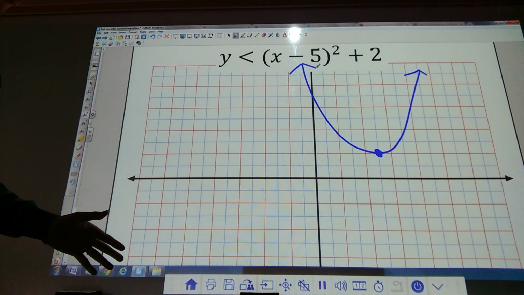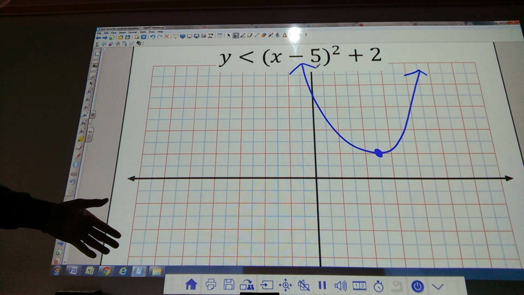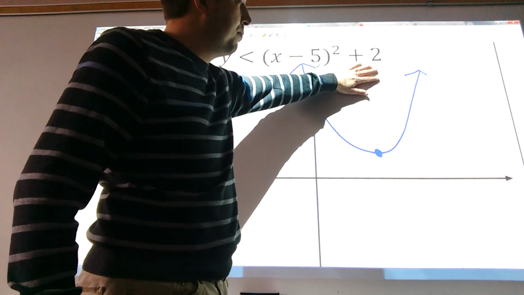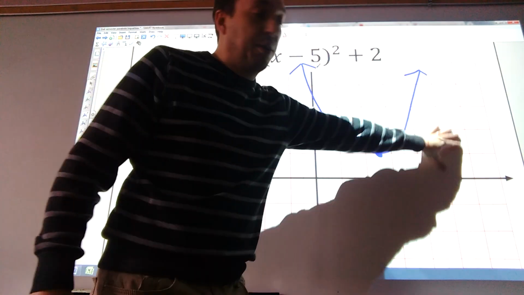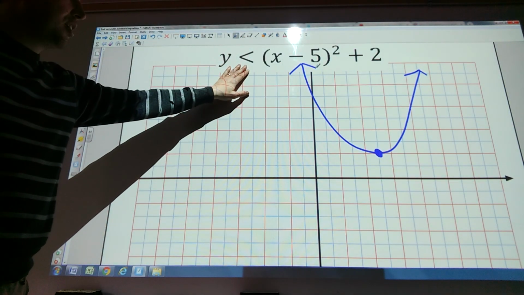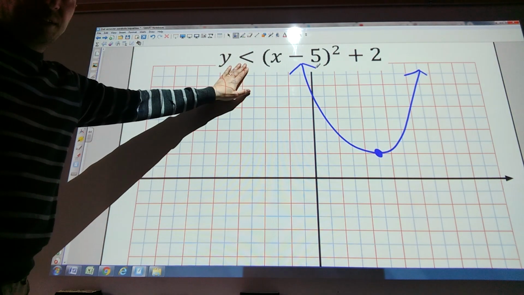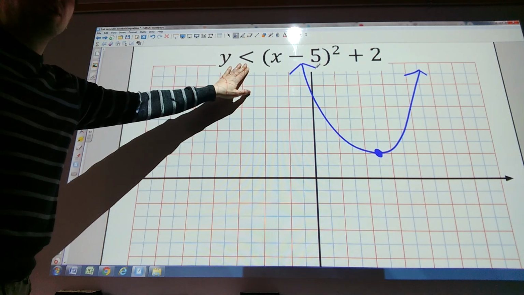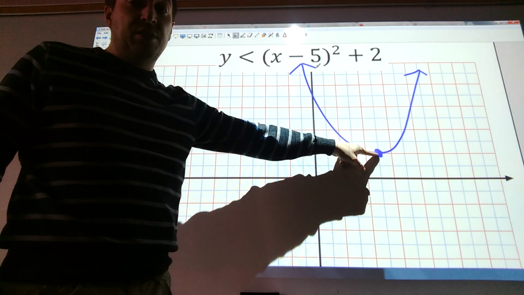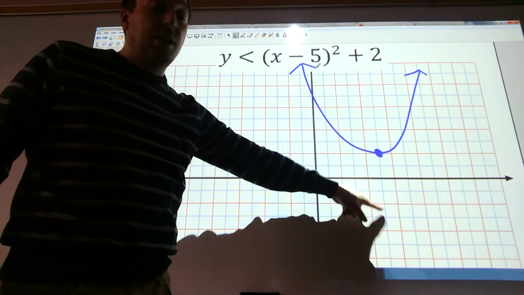Now, we need to look to shade. We're either going to shade inside the parabola or outside the parabola. We look at this sign to see. Less than. Less than means below the vertex. There is the vertex. We want to shade below.